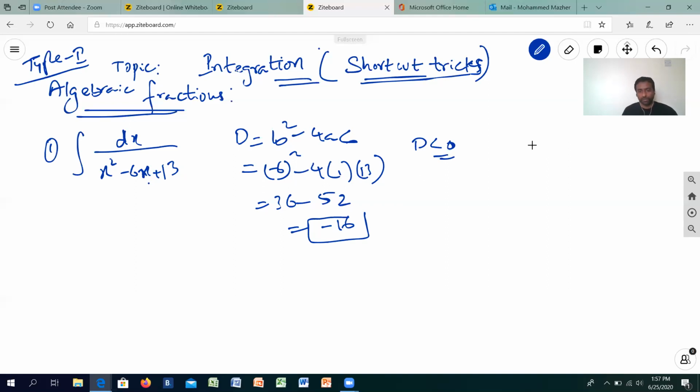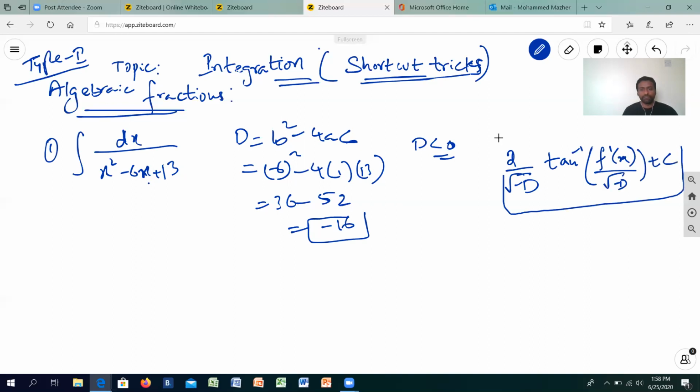For less than 0, please note down the formula: 2 over root of negative d, to avoid the negative, because it would be a complex iota, tan inverse of the derivative of the given quadratic expression over root of negative d, plus c, in case your discriminant is less than 0. We already got less than 0, now just substitute here. No need to factorize, like in the earlier case where we factorized for greater than 0. Root of negative 16, you already have a negative here, which makes it positive.